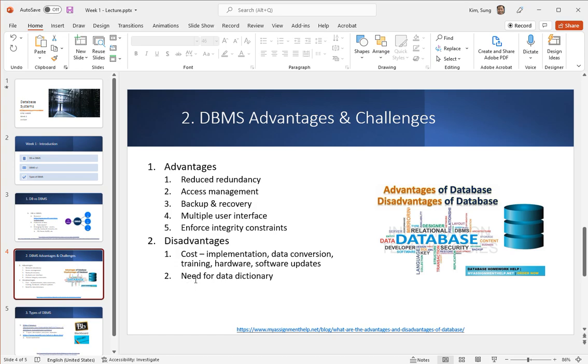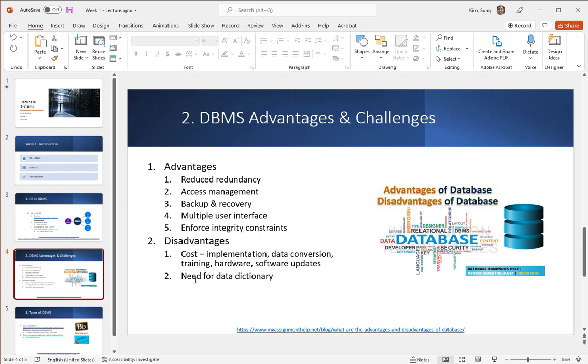It costs a lot of money to design and implement, convert the data from the previous legacy systems, provide training for the users, establish IT support, get the necessary hardware to maintain its speed and capacity, and install and maintain the software updates. And so small companies or individual users would probably not be using a database management system, although there are exceptions.